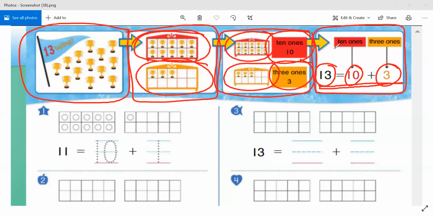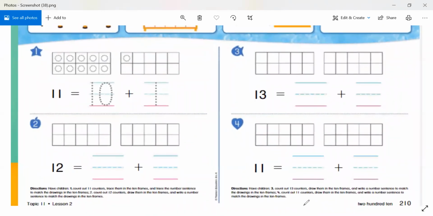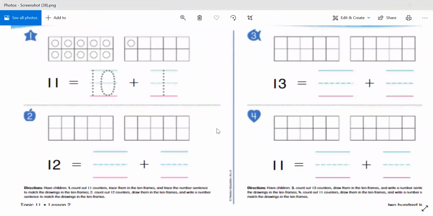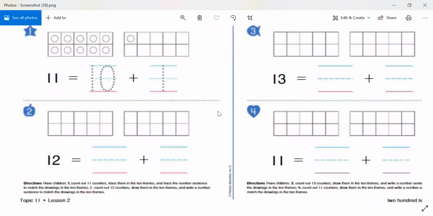All right, let's work on our first problem here. Let's lift our paper up so we can read the instructions together. For number 1, count out 11 counters because we have the number 11. Trace them in the 10 frames and trace the number sentence to match the drawings in the 10 frames.